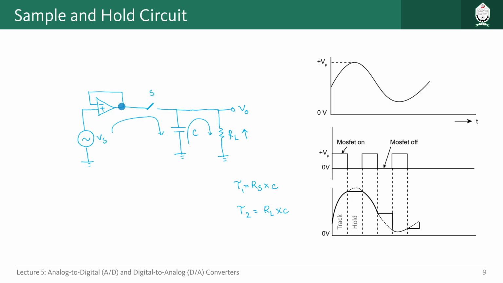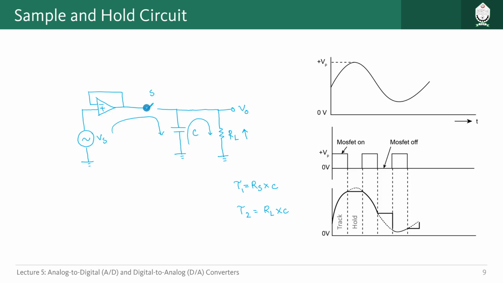The benefit is that the op amp has a characteristic such that the input impedance of the two pins is quite high, theoretically almost infinite, or practically very high, and the output impedance of the op amp is quite low. So this is the behavior we want to utilize in this circuit.